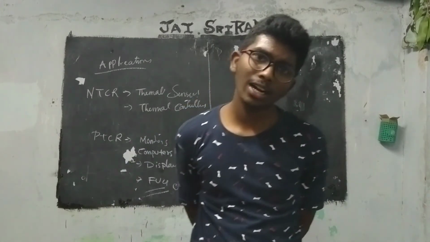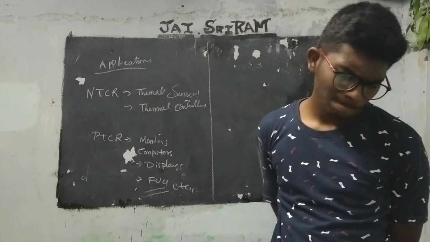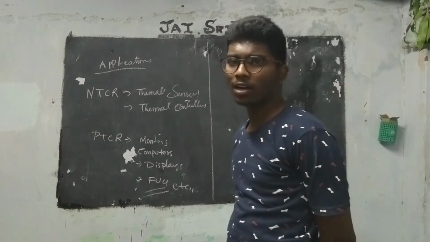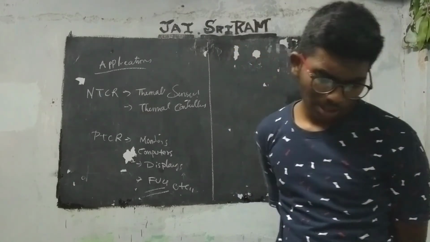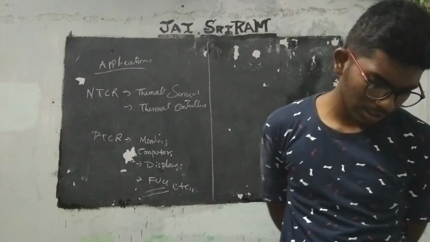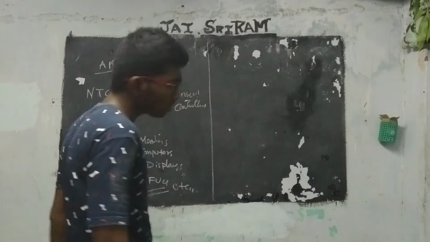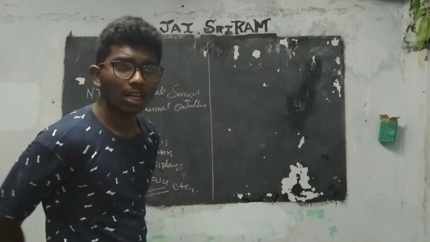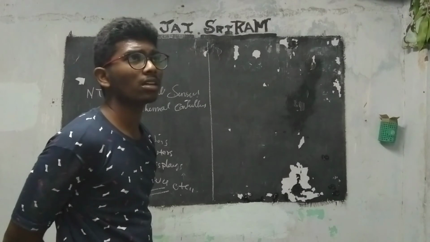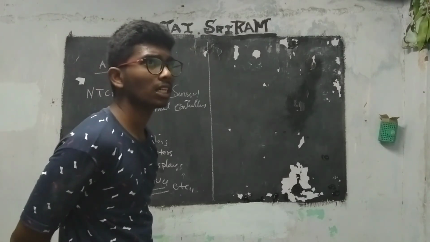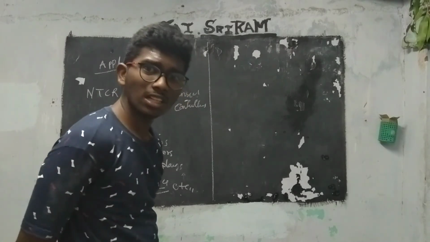Further, they found that the variation of resistance is more in semiconductors than in conductors. Thermistors are also known as insulators because they are conductive, but they don't have free electrons in them.